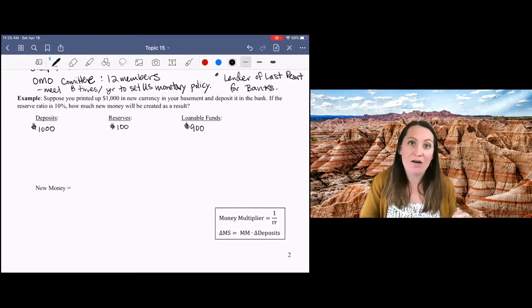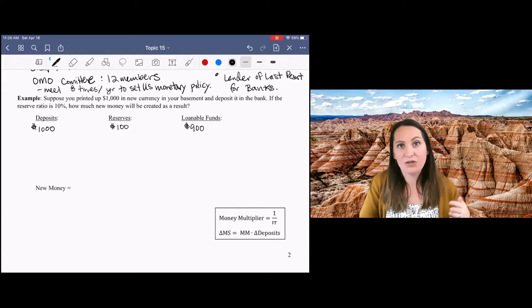You still have that $1,000 in your checking account. But now Larry also has $900. So far we've created, right, not just the original $1,000 in new currency, but also an additional $900 in new money through this fractional reserve banking system.